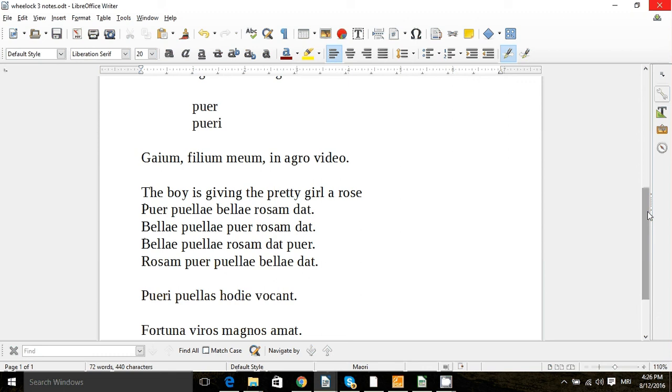Word order, page 25. The typical word order in a simple Latin sentence or clause is: 1, the subject and its modifiers. And the subject is in what case? Subject is always in the nominative case. 2, then you'll probably see the indirect object and its modifiers. In what case is the indirect object? The dative.